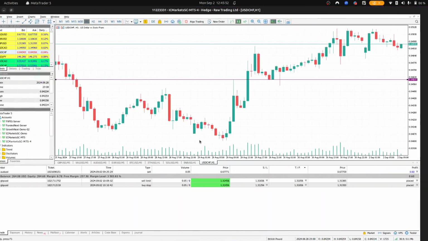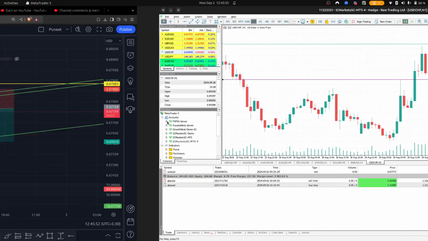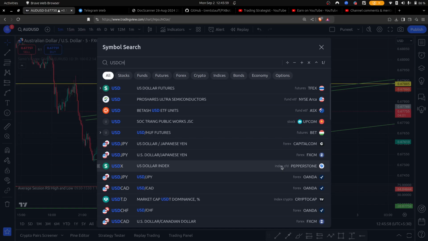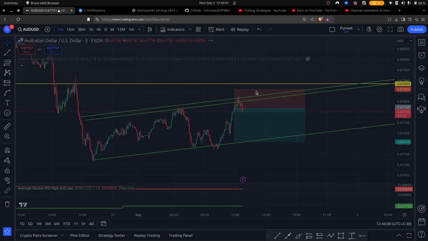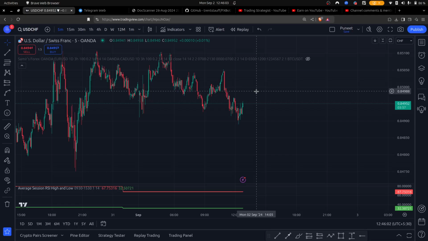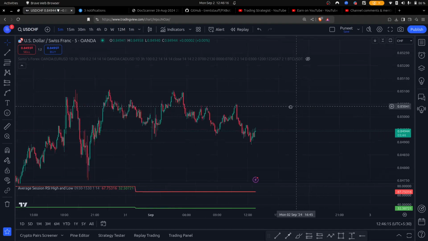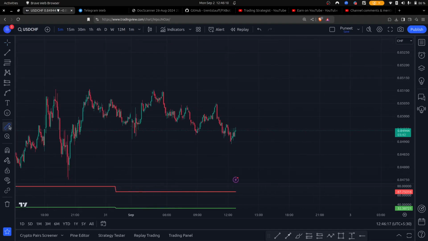What were we on? We were on USD CHF, right? So let's just go ahead and try that. What we want to do is calculate the distance between the last high and the high before that, and we are simply going to do the same for the low as well, just to make sure we have a range of a distance between the highs.